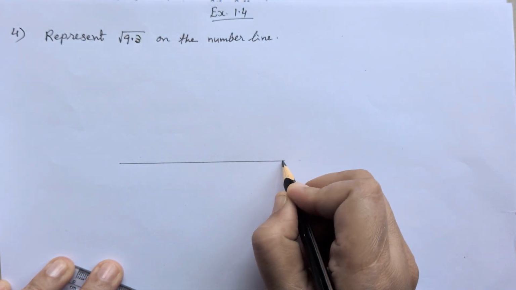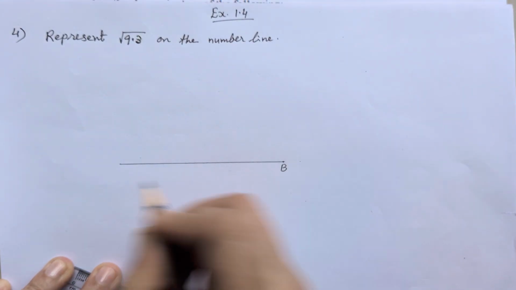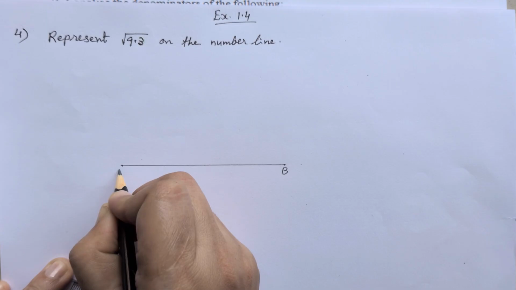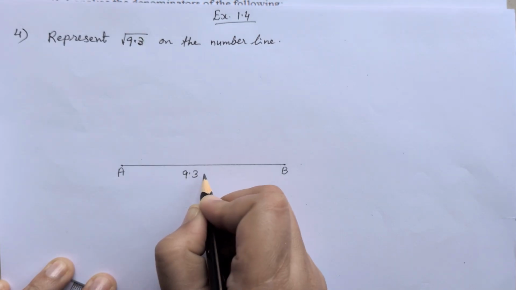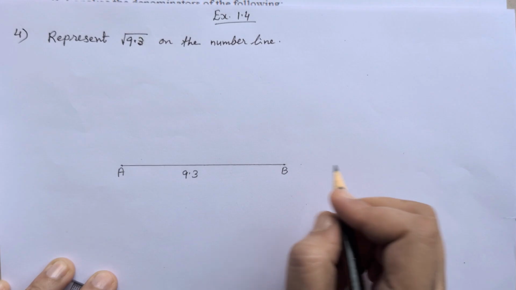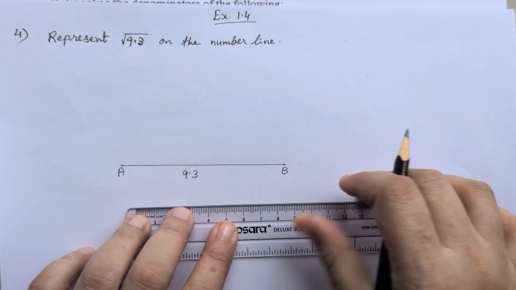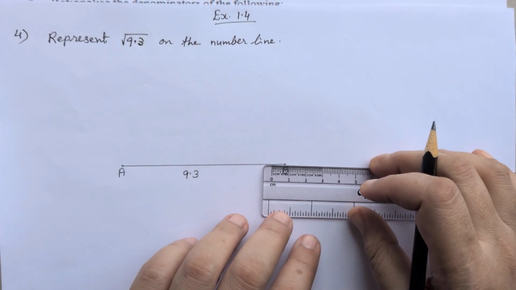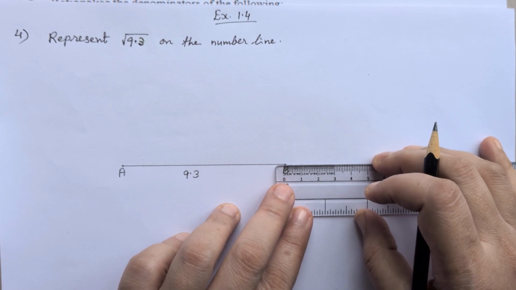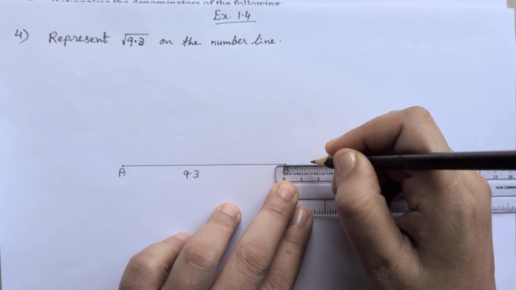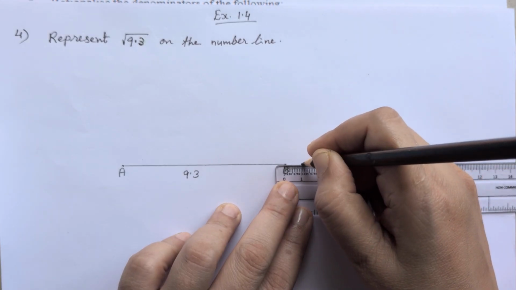And we can mark that point as A and B. That means AB is equal to 9.3 units or centimeter.